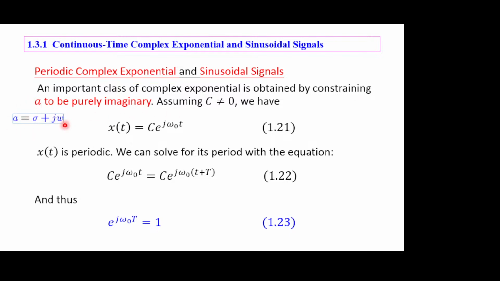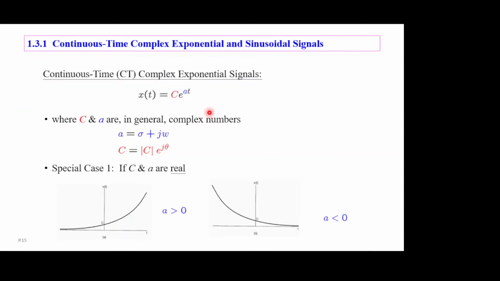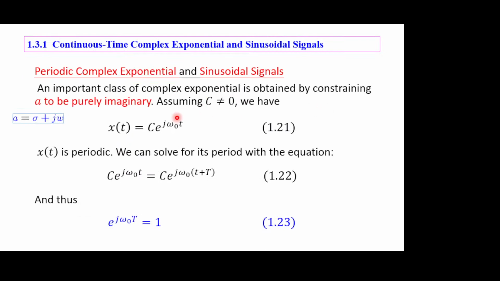This is kind of why we want to write a in Cartesian coordinates, with a real part and an imaginary part. Now imagine a is purely imaginary, so a just equals j omega. For technical simplicity, assume c is not 0, because c equal to 0 is really boring: x of t just equals 0. So our complex exponential is x of t equals c e to the j omega t.